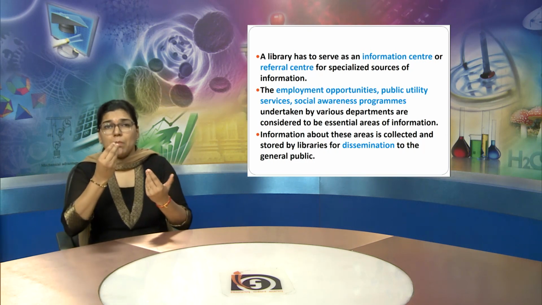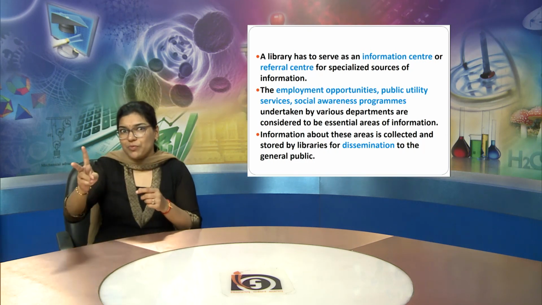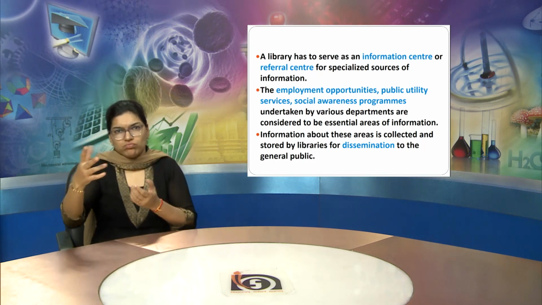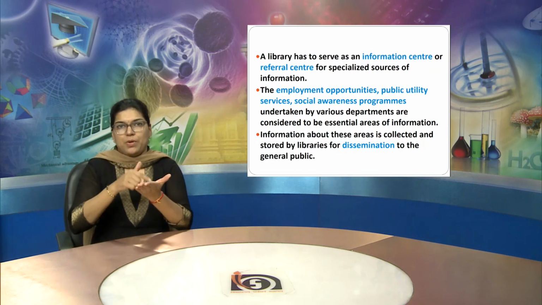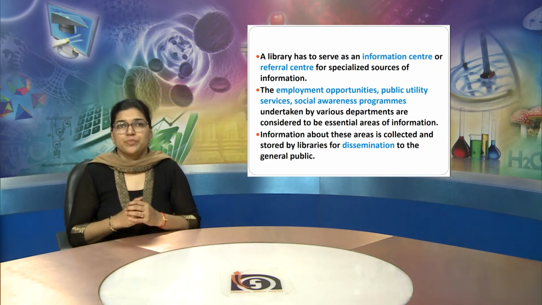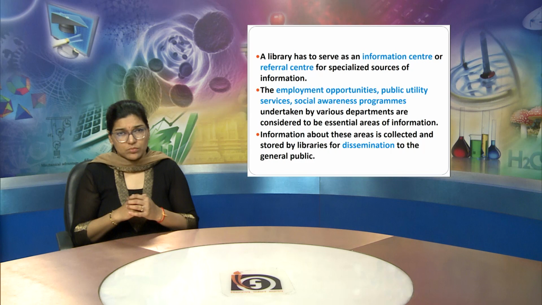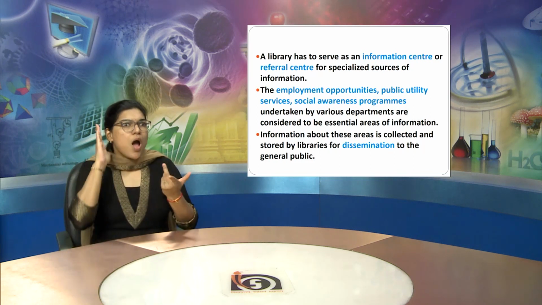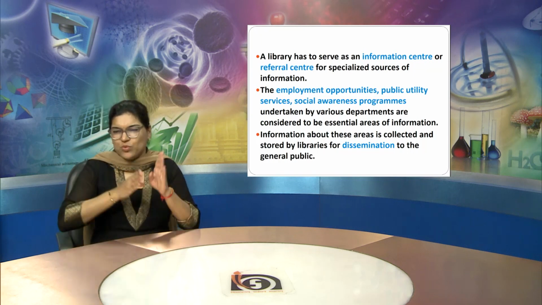Now these points which you can see on the screen are also the functions of library under information dissemination. A library has to serve as an information center or referral center for specialized sources of information.